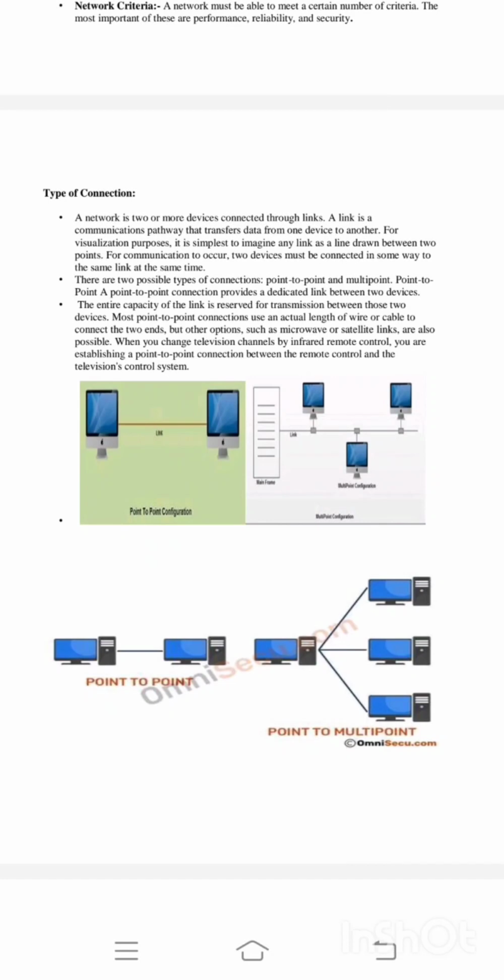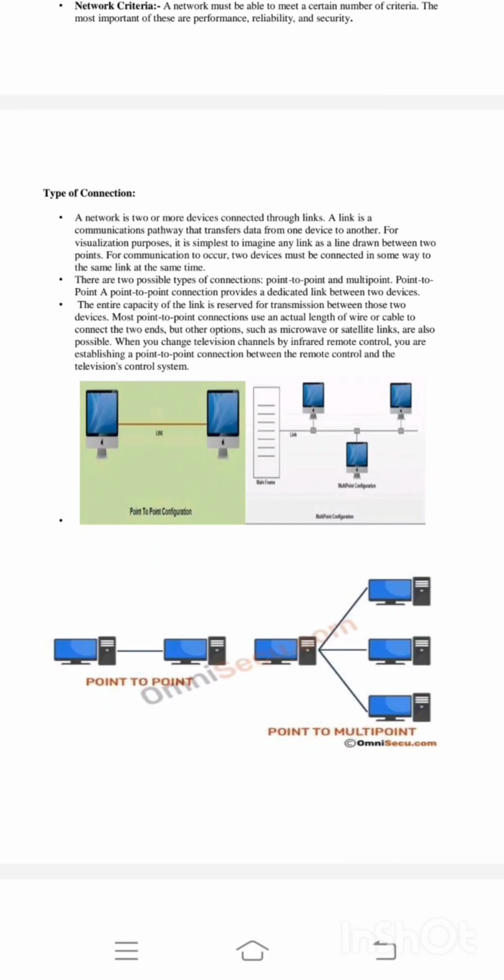Point to point connection provides a dedicated link between two devices. The entire capacity of the link is reserved for transmission between those two devices.